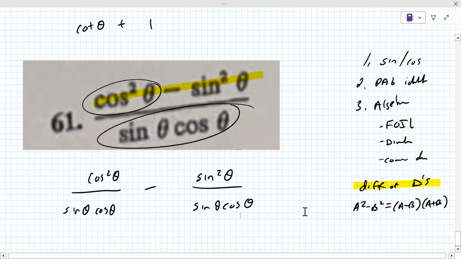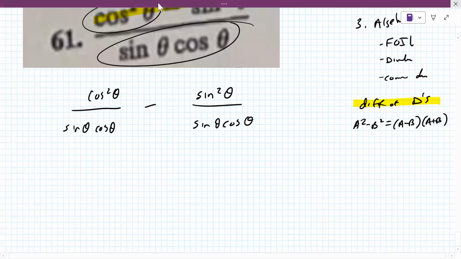As a student though, you're probably like, I want to get there as fast as I can. And that's the challenge. I can't tell you until I've worked through it whether this way is better or the difference of squares is better. It's a little bit of a guessing game. So I'm going to suggest we not do difference of squares for the time being and just do this break apart.